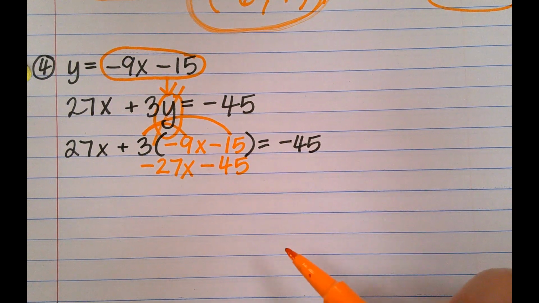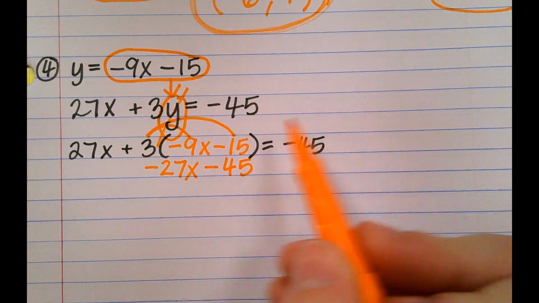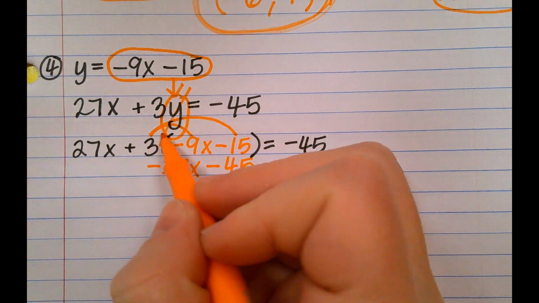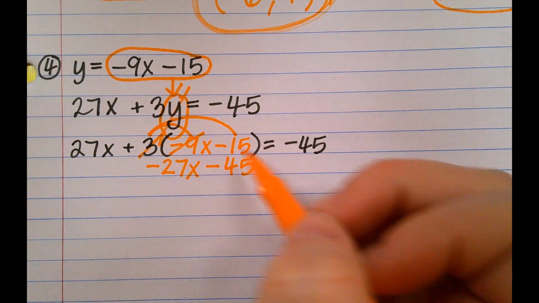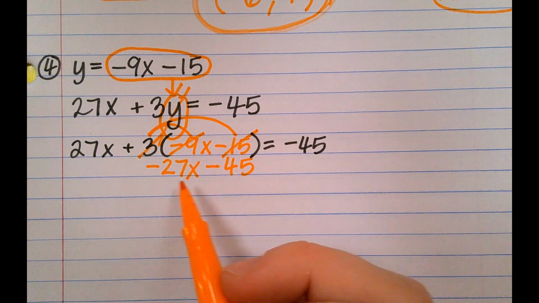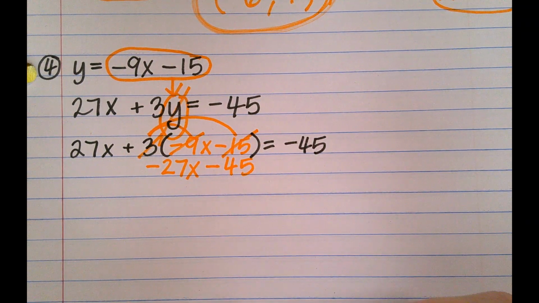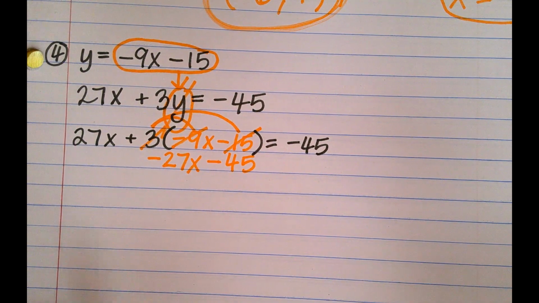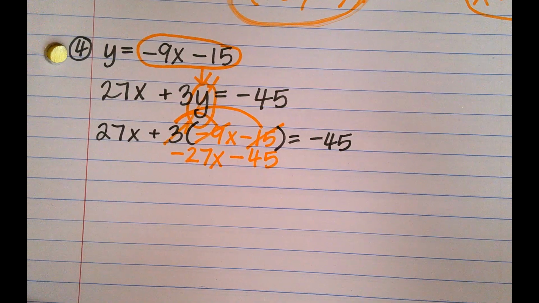And then I'm going to be very intentional and slow with this problem. At each step, I'm going to cross out the things I've done. I did my 3 times negative 9x. I did 3 times negative 15. I brought those terms down. That was step 2. We distributed.